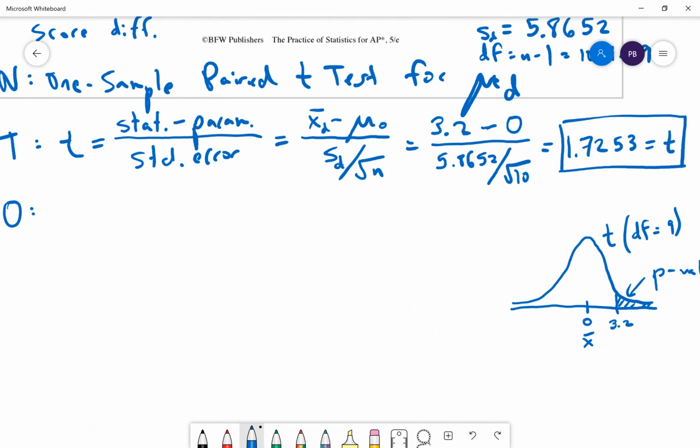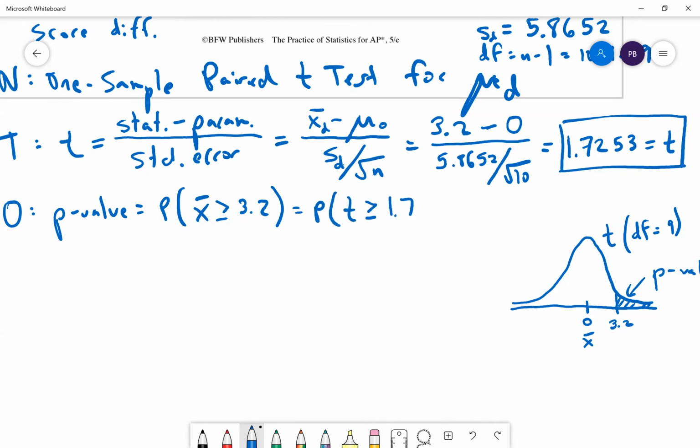So we're looking for the probability that the sample mean is greater than or equal to 3.2, given that the null hypothesis is true, which is equal to the probability that the t-test statistic is greater than or equal to 1.7253. And we can calculate that with t-CDF in the calculator.